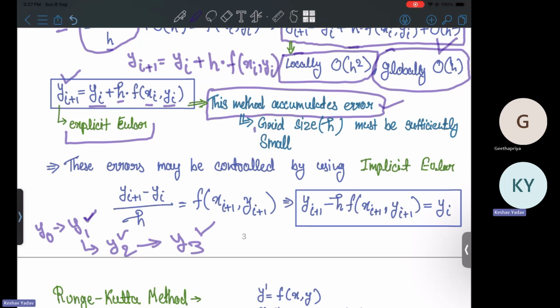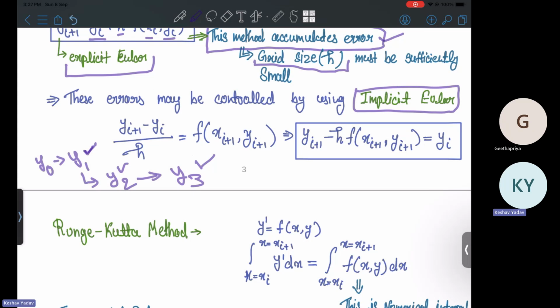This can be avoided by using a very small grid size or by using the implicit Euler method. What do we mean by the implicit Euler method? Here the function f we do not write at xi and yi. We write this function at xi plus 1 and yi plus 1.